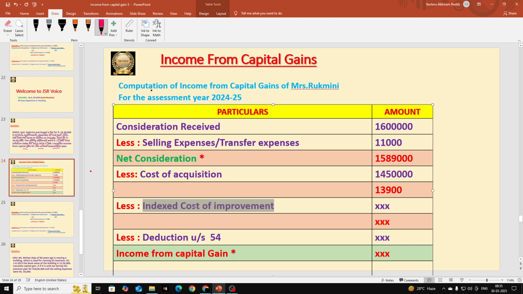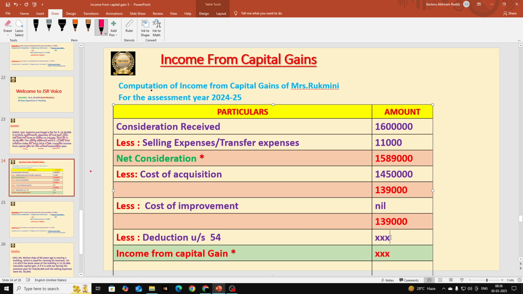But we don't have any additions here. If you want, you can remove this completely, or you can put a dash. And this is a short term asset, so we don't have indexed cost of improvement, we will have cost of improvement only, and here we don't have it, so it is nil. Next you get the same amount, 1,39,000.